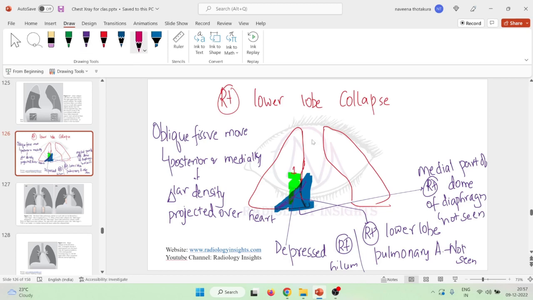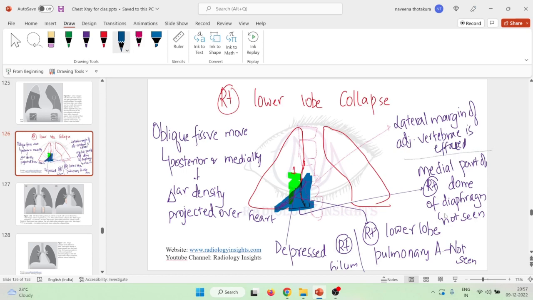Over this, you will see the vertebrae like this. Regarding the vertebrae, the lateral margin of the adjacent vertebrae is effaced.